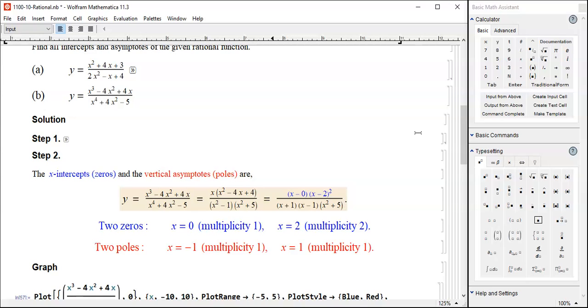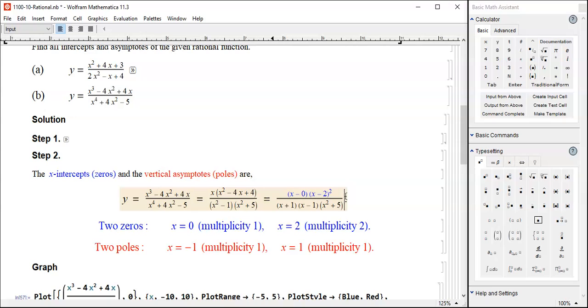The denominator is a little bit trickier. There's no GCF here. 4th power, 2nd power, and here that's a constant, so no GCF. So this is completely different. How do we work it out? You can factor it with respect to x squared. Factors of -5 adding up to the middle coefficient +4: -1 times +5 will do, and that's what we have over here.